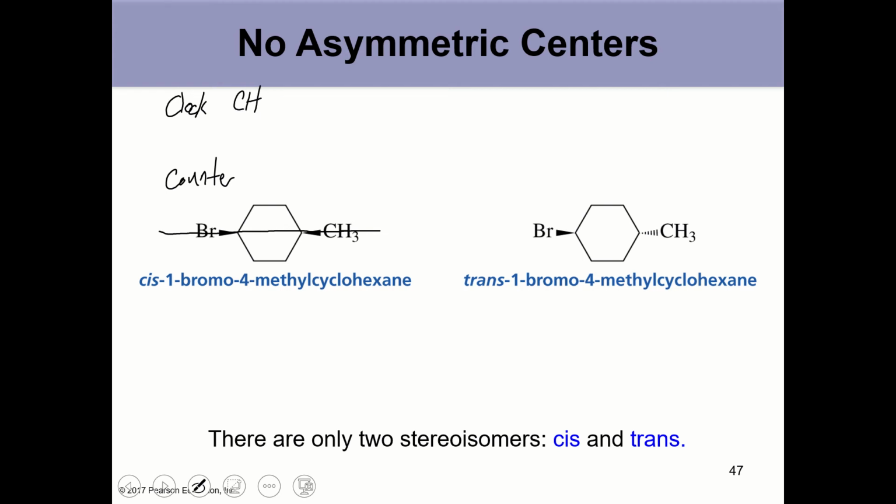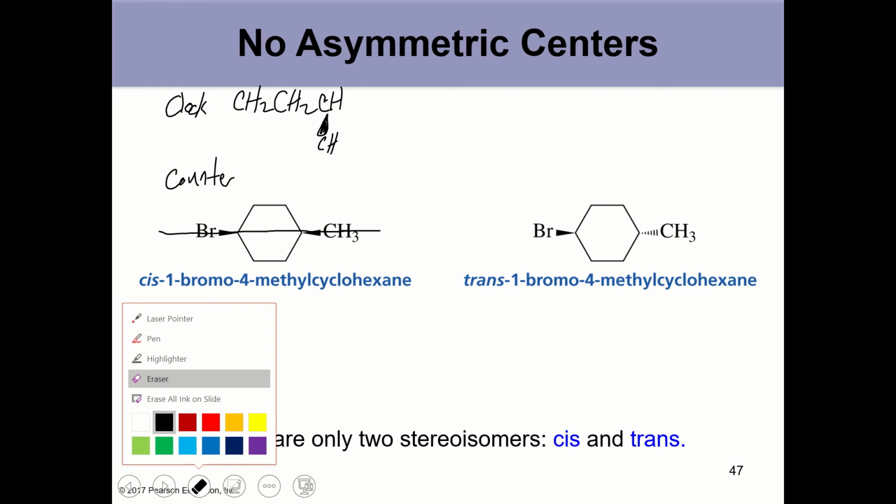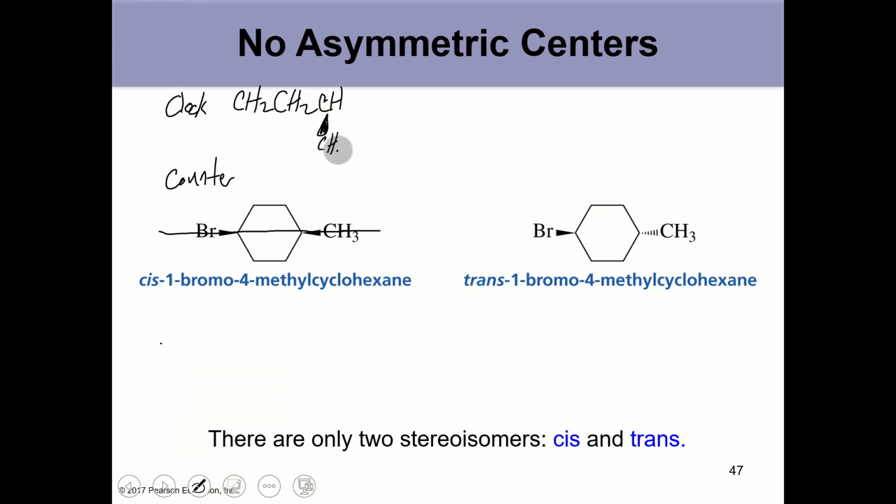Starting from the bromine, we would have CH2, CH2, CH, solid wedge CH3, bonded to CH2 and CH2.